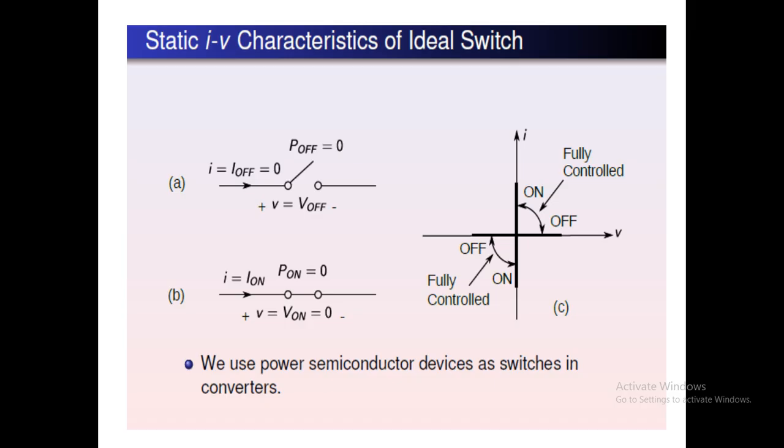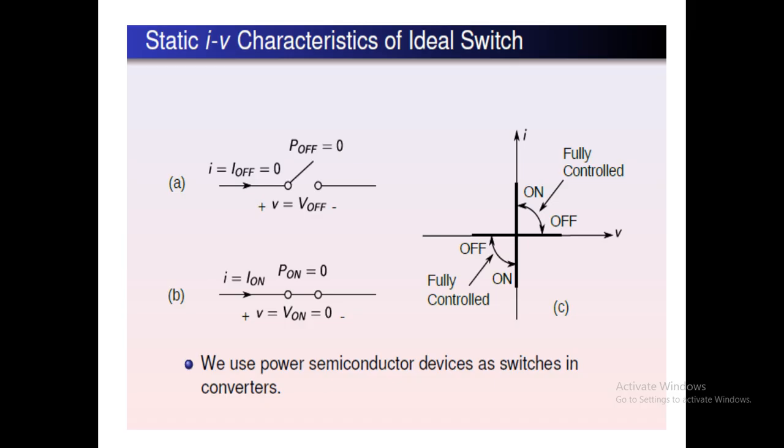During the on state, the current through the switch will be equal to the full rated current, that is I is equal to I on, and the voltage across the switch is equal to 0, that is the voltage drop across the switch is 0 for the ideal case, so the power dissipation across the switch, P on, is equal to 0. So in the turn on condition, only current will exist at the rated value and the voltage across the switch is 0.